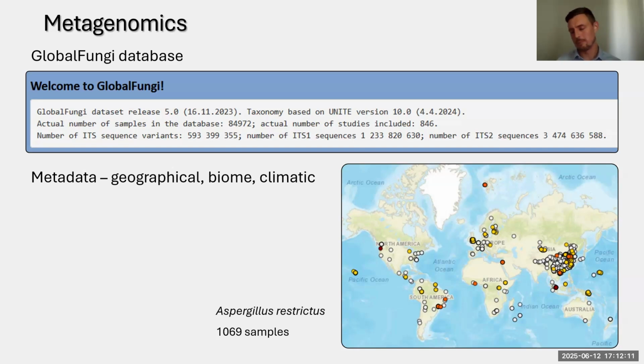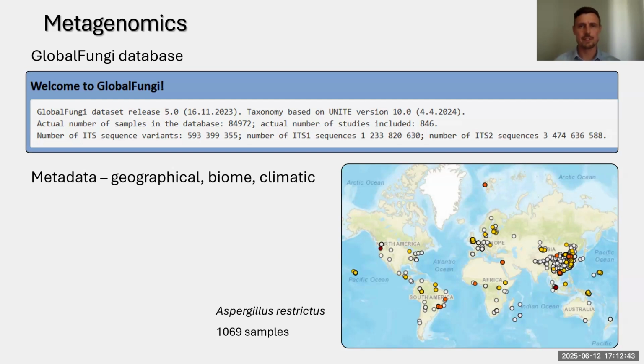But of course, the problem, or not problem, but possible limitation so far of this database is the use of very short DNA sequences. It's not even the whole ITS region. It's just, for example, the ITS2 sequence, which is like 200 bases or maybe even less.